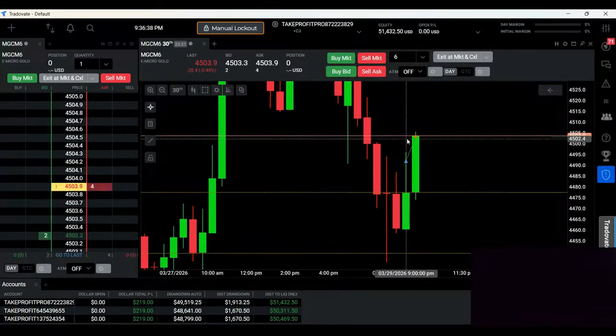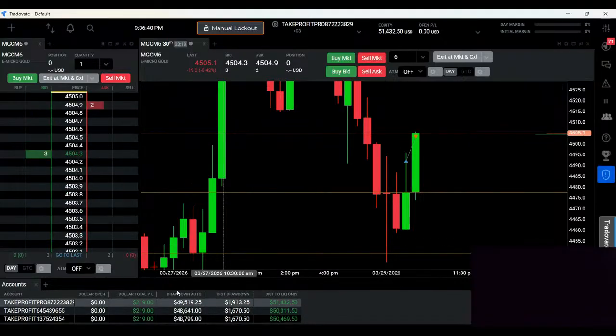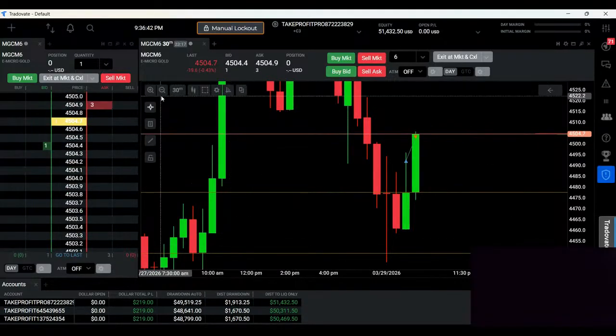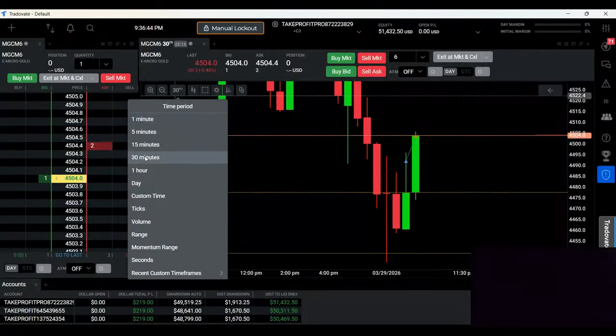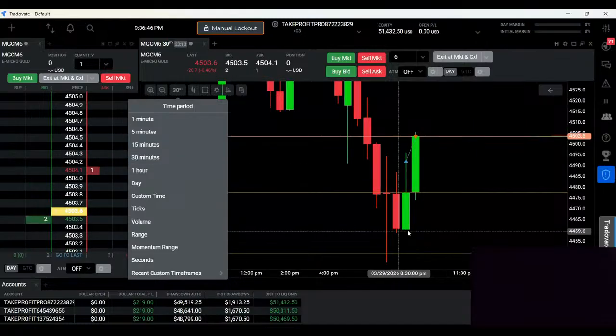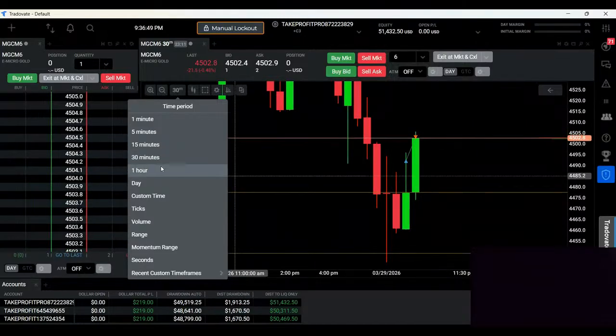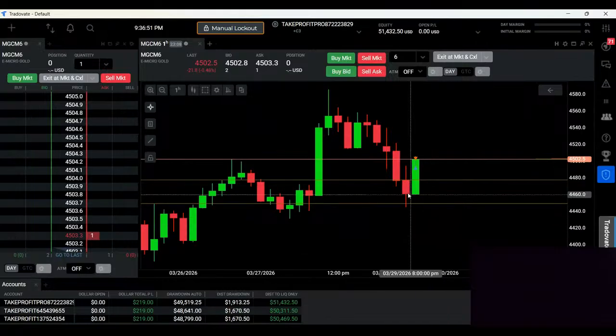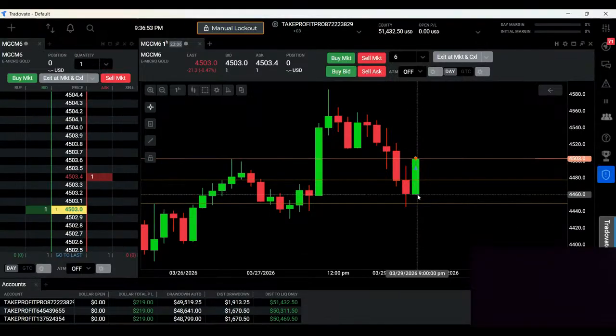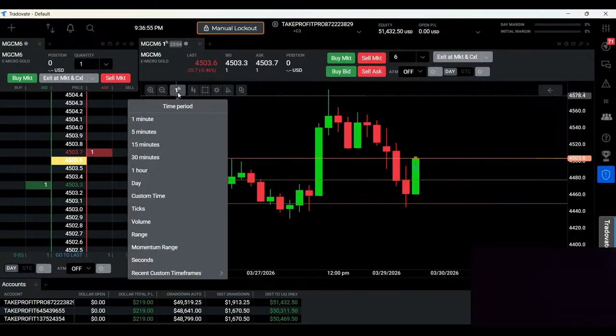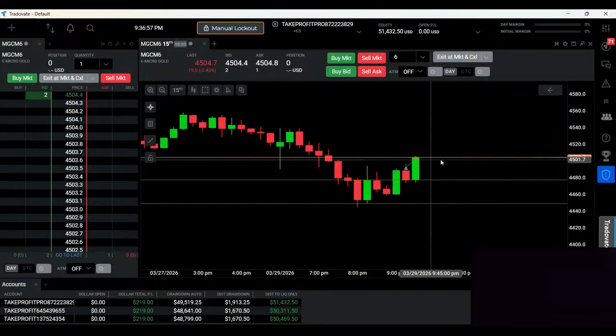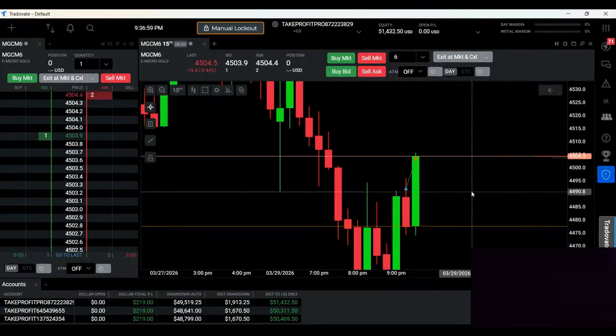I was up $200, as you see. I took it, right? Because of that 30-minute candle, and also there was no wick down here on the 1 hour, it could have come back all the way down here. And as I said, I was up $200 already, might as well take it.